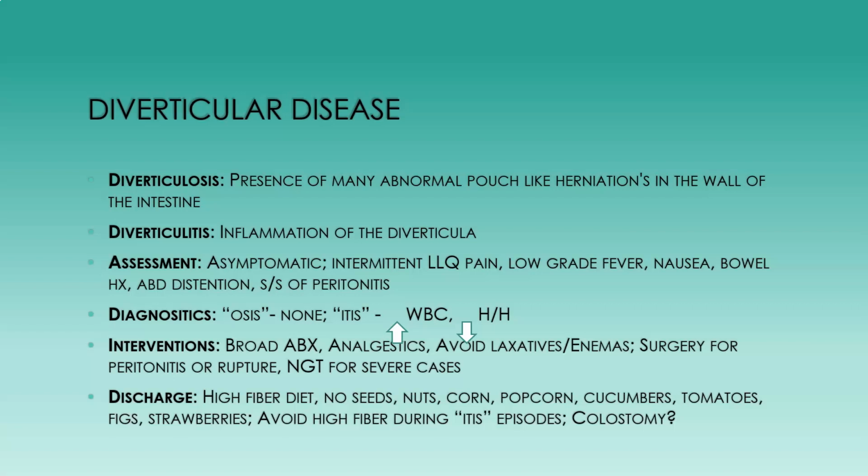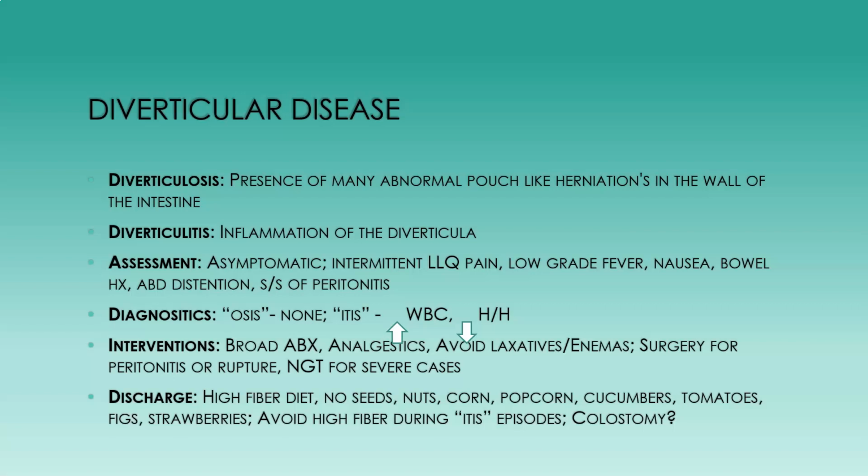All of these would be a reason for someone with diverticulitis to come in to the hospital. They're also treated with broad spectrum antibiotics and analgesics. You avoid laxatives and enemas because you want to avoid that extra stimulating of the bowel.